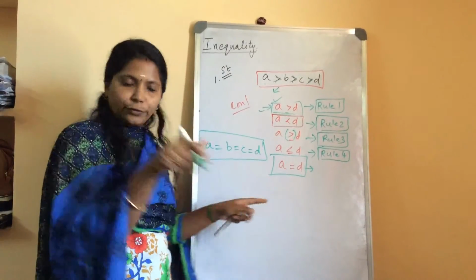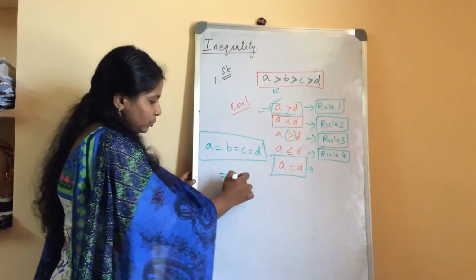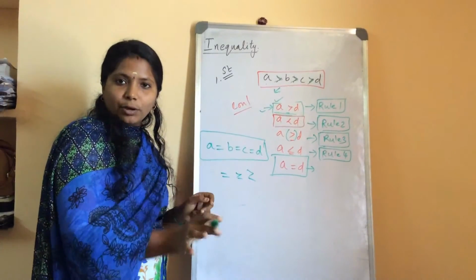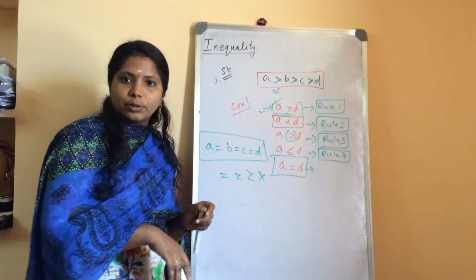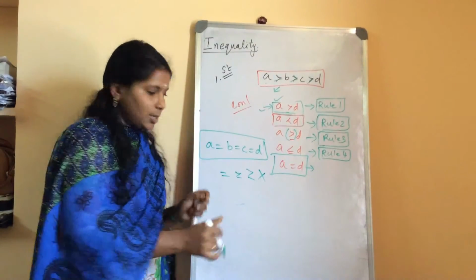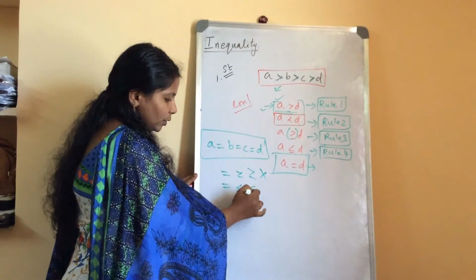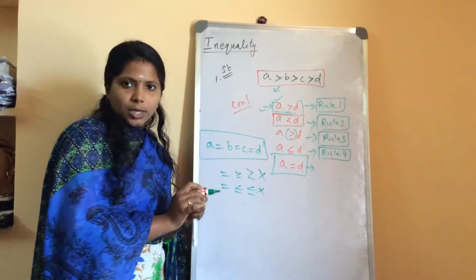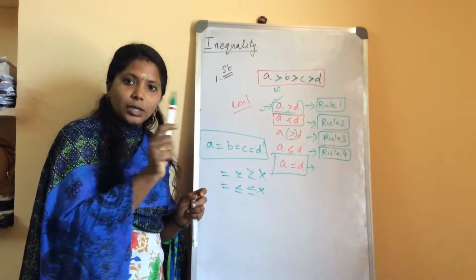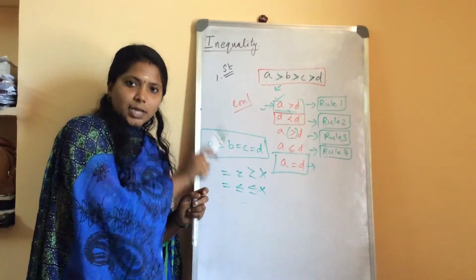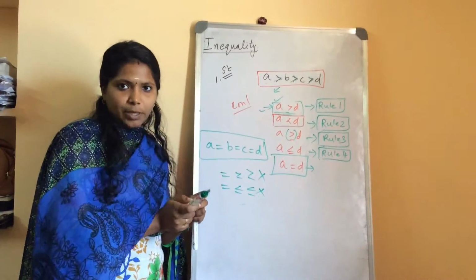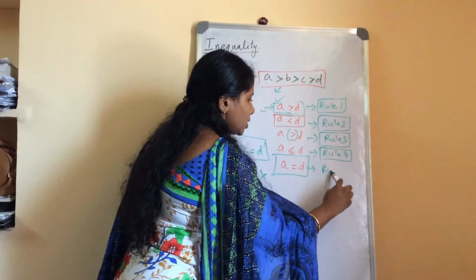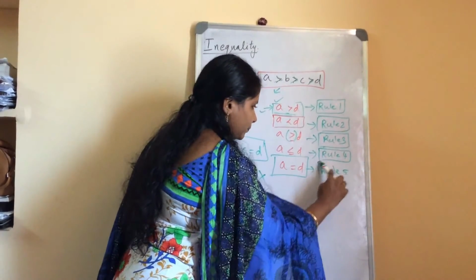In between, if you find like equal to, greater than or equal to, greater than or equal to, then also the conclusion is false. If you find equal to, less than or equal to, less than or equal to, then also the conclusion will be false. It should consider all equal to symbols from start to end of the statement. Then only the conclusion will be true. This is rule number 5.